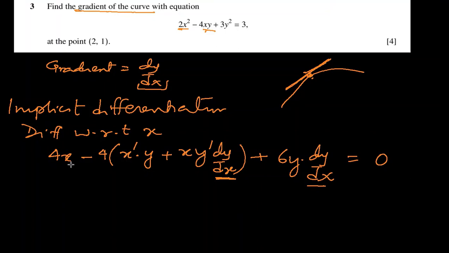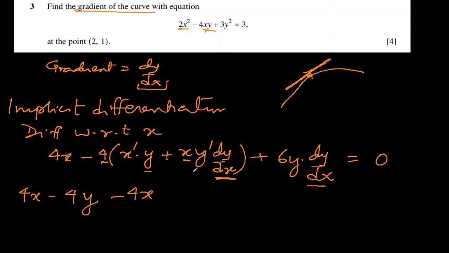Let's open the bracket first. So 4x remains 4x, minus 4 times the differentiation of x, which is 1, because I have written a prime here. So don't touch it. So 4 times just y, minus again, because it is multiplying with 4. Minus 4 and x is x.